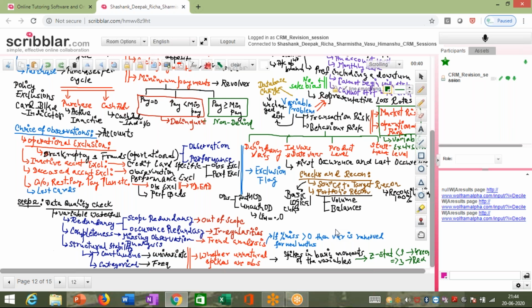Now, after the structural stability condition is met and you have the final set of variables which enter into your model, the next level of variable selection happens based on the predictive capability of the variable.